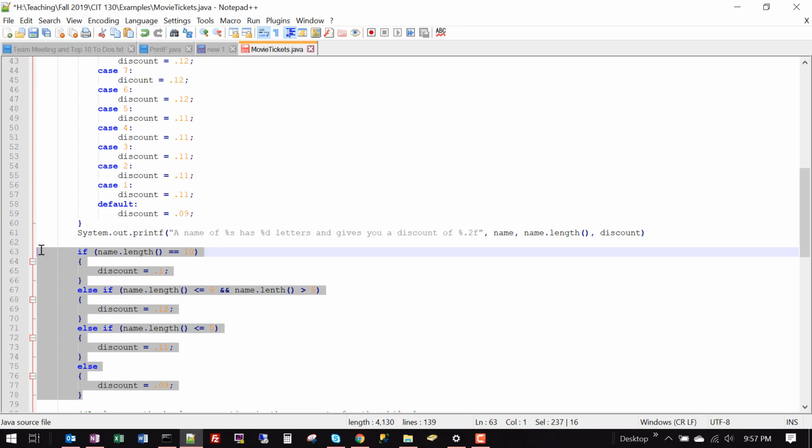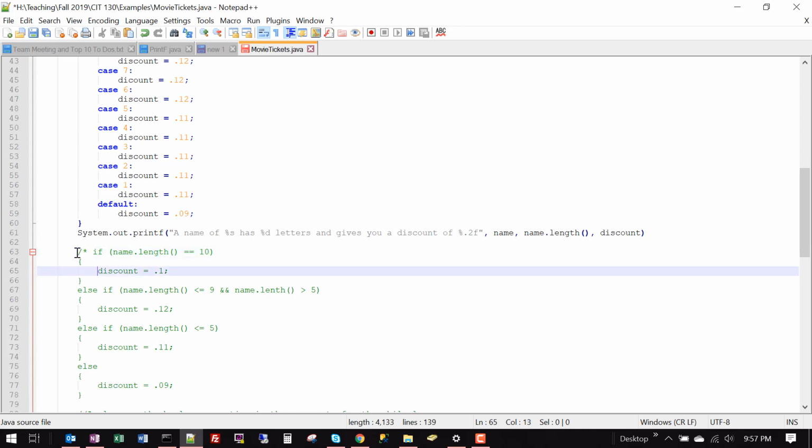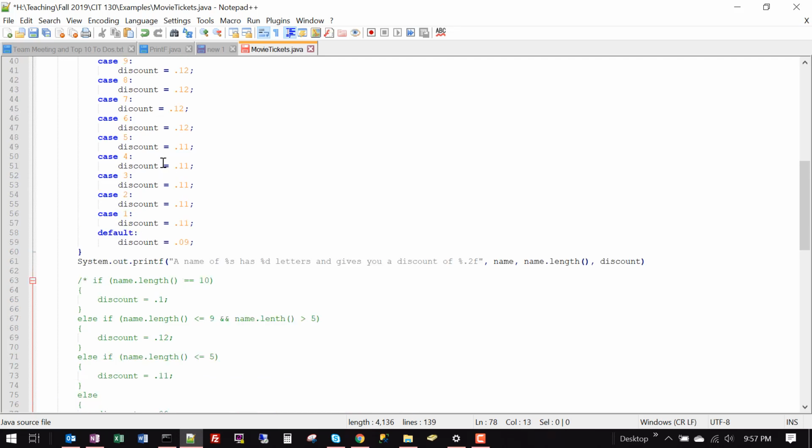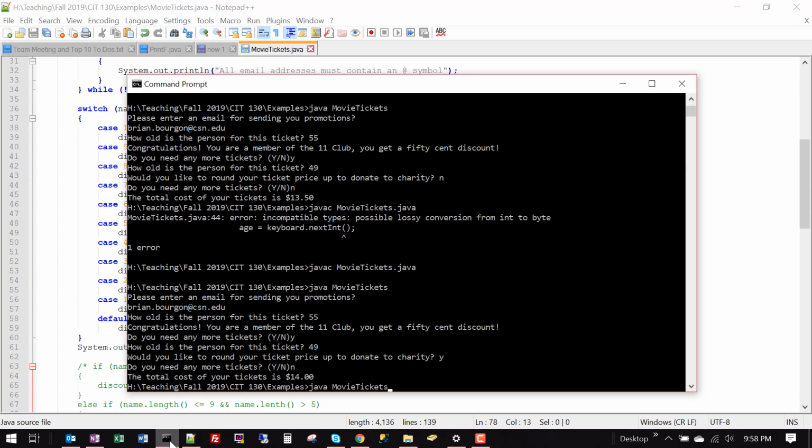Now, I'm going to comment this section out because the switch statement is essentially the same thing. Let's just see how it works. And then we're going to come back because right now it's not going to work great.